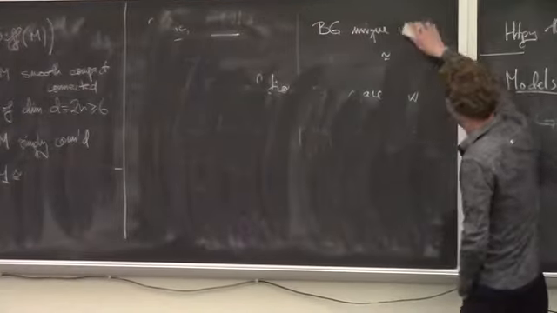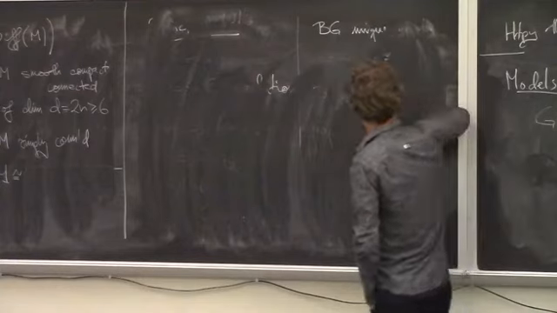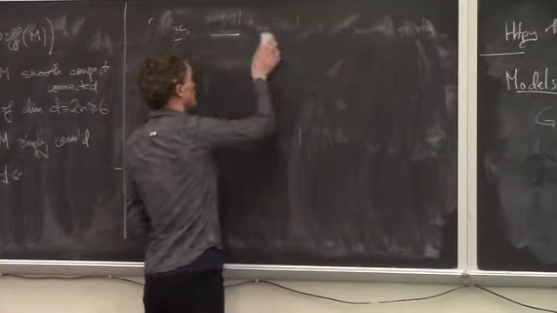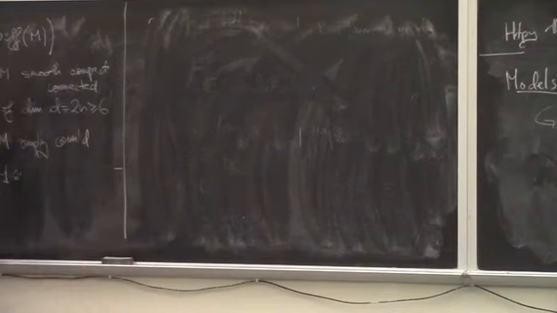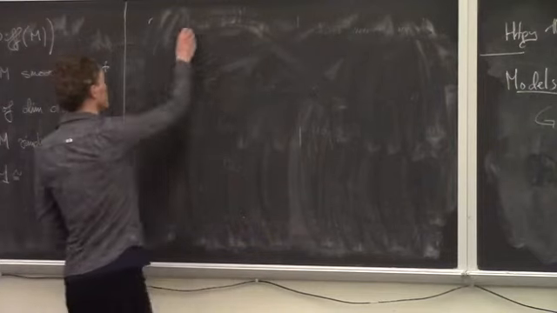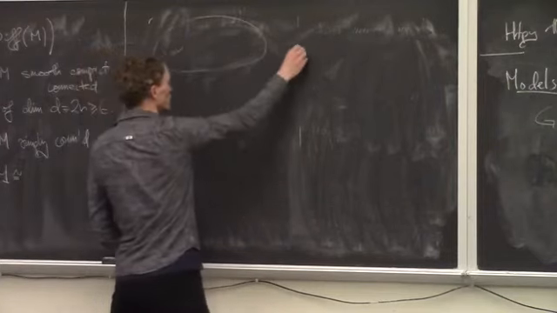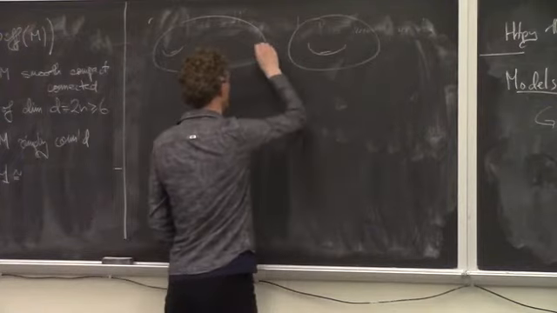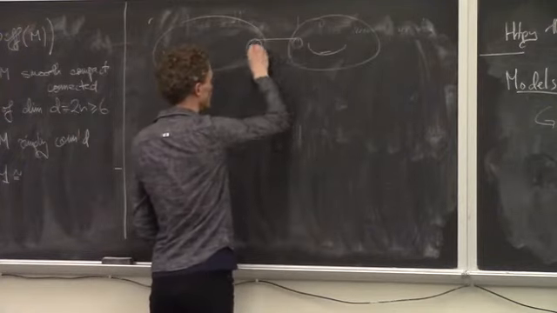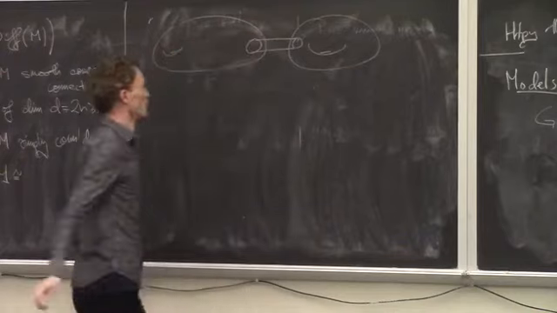You can take a chart on each of them, cut out a disk from each chart, get a manifold with boundary. Both boundaries are a sphere, and then you glue together the spheres, or you could glue in a cylinder.